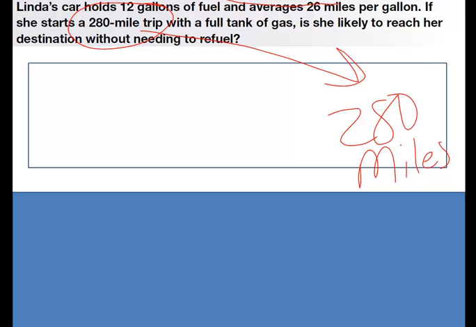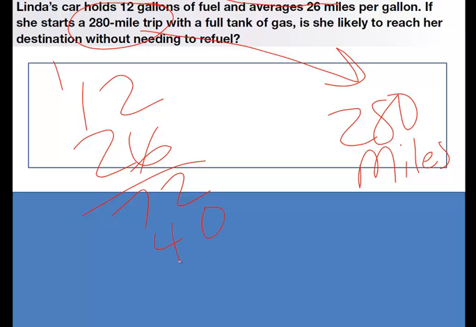Now, how far can she travel in her car? She has 12 gallons, and she can go 26 miles a gallon. So we're going to multiply those two together to see how many miles she can travel. So 312.